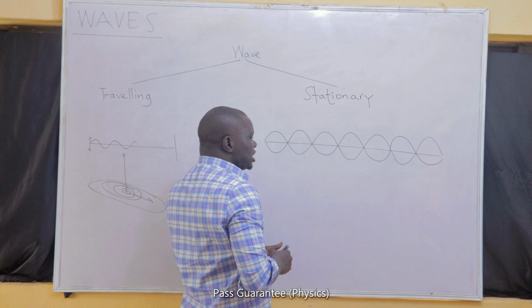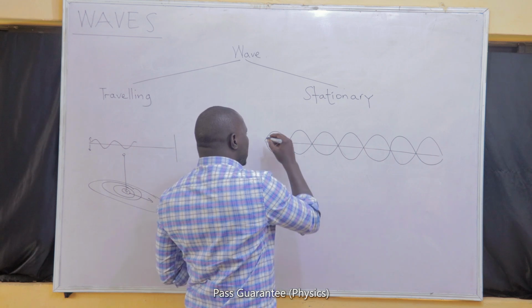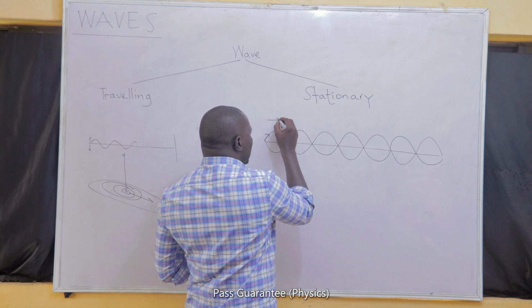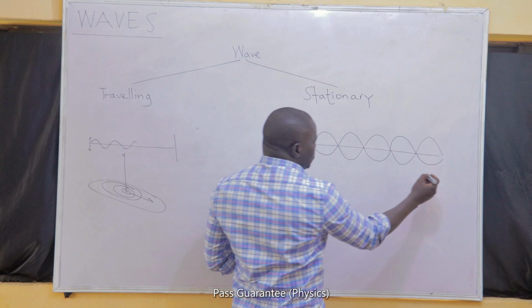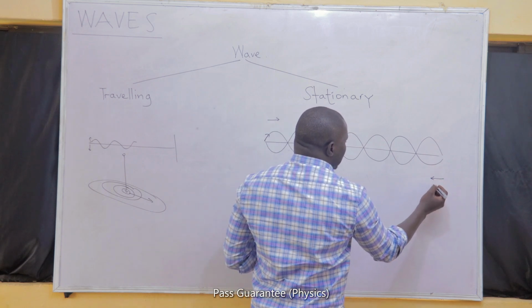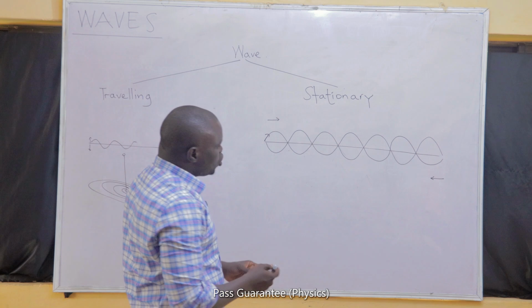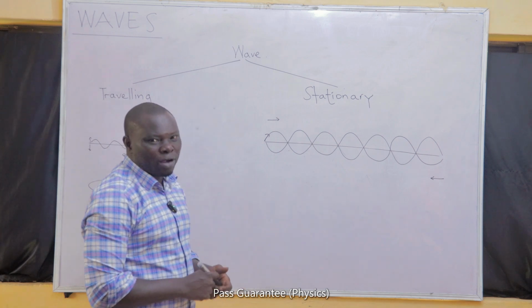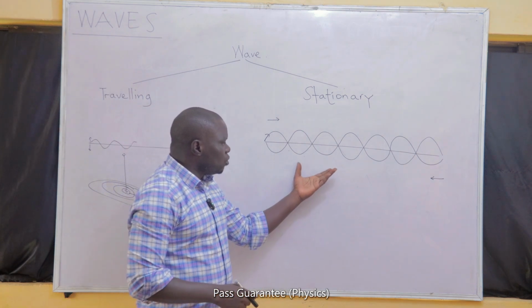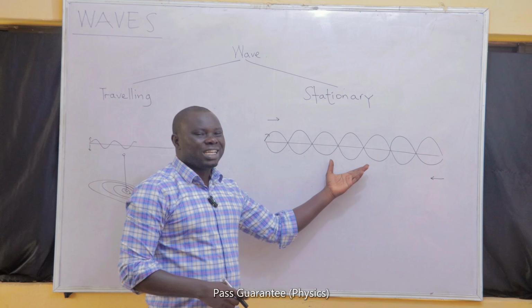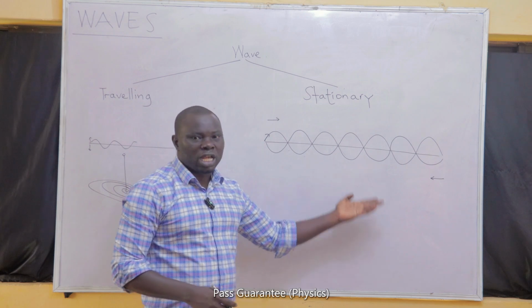Let us assume that it is possible to continuously generate the wave that is moving from left to right, and it is also possible for us to continuously generate the wave that is moving from right to left. And we decide to bring the two of them together. This is the pattern that we are going to have. This wave is called a standing or a stationary wave.